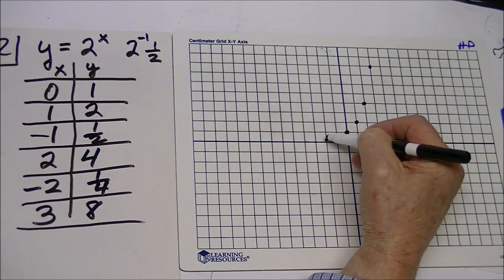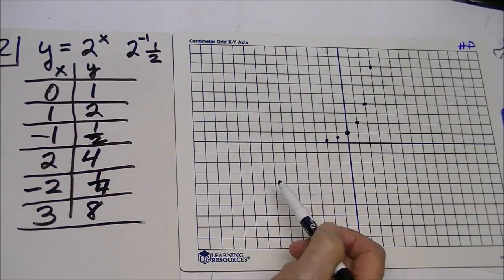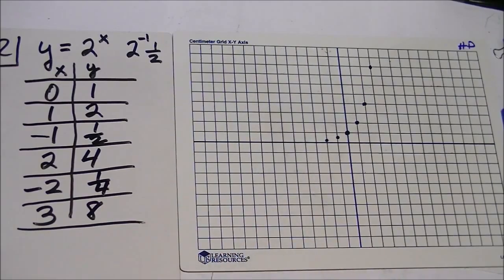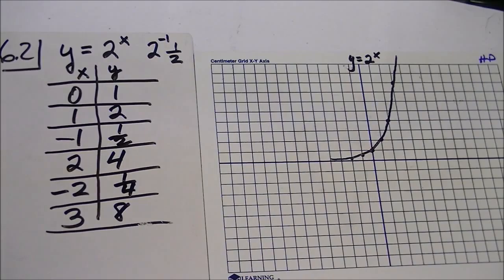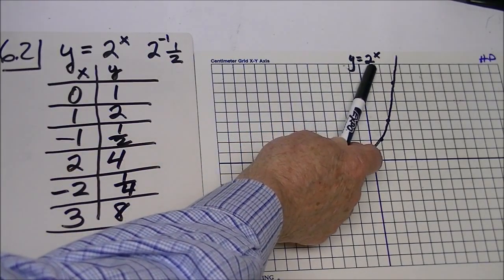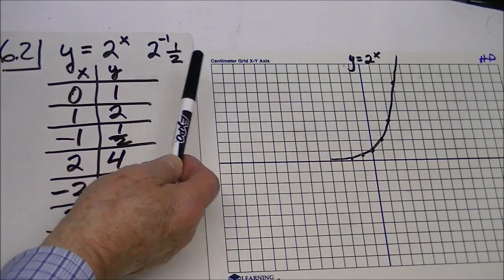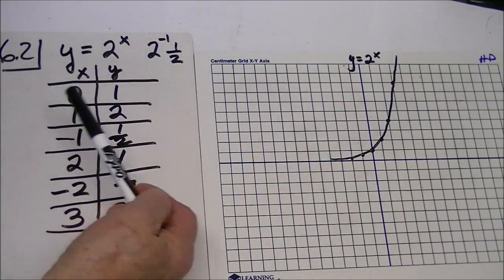Now notice we have developed a basic curve for this particular example. So I'll sketch that in for you. So this is what it's like. If we have y equals 2 to the x power, that is an exponential function, our curve looks like this.